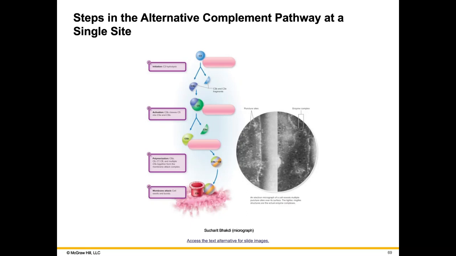Remember metabolic pathways that we saw in biology class? This is an example that we see in the immune system. But ultimately, this membrane attack complex together now has formed a pore or a hole in the cell, which will result in lysis or rupture of it.